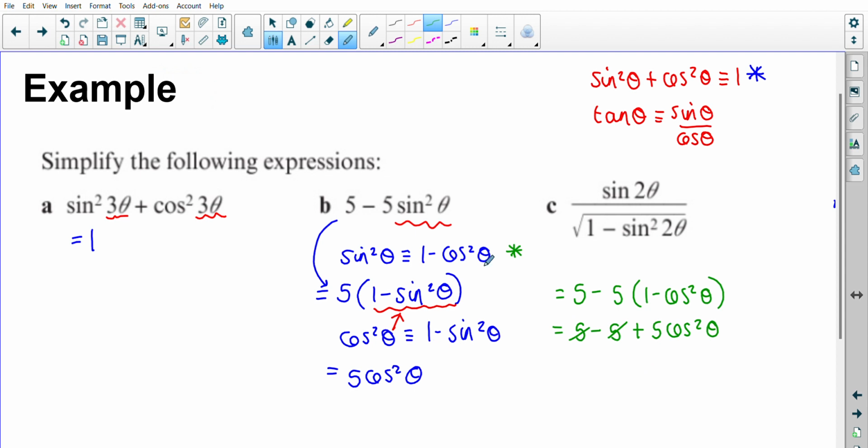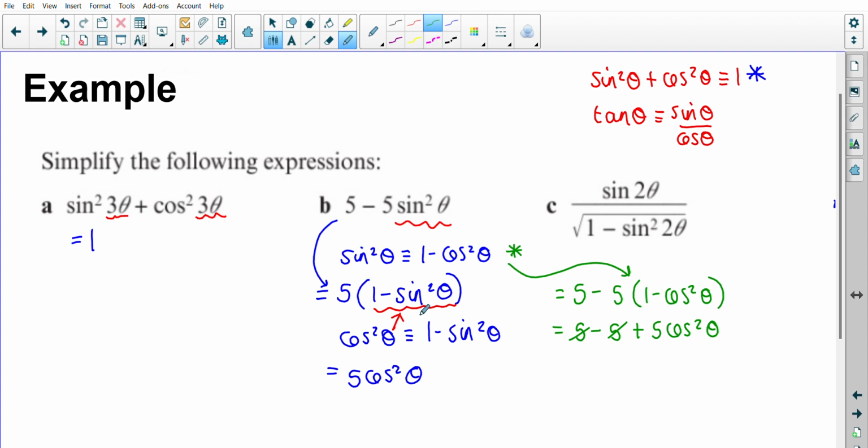I'll just repeat that in case I confused anybody. I saw a sine squared theta, so I made it in terms of 1 minus cos squared theta. You can substitute it in there and get the answer. Or if you factorise out the 5 first, you'll see a 1 minus sine squared theta.